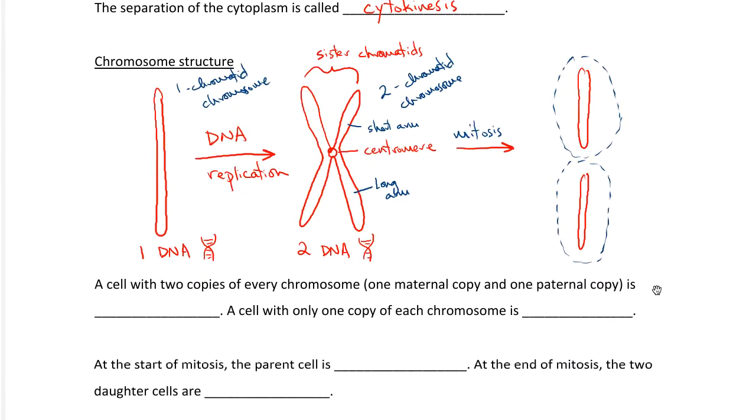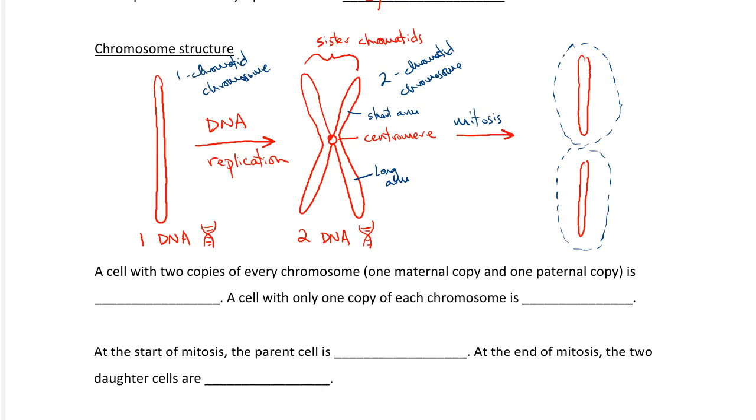Let's talk about one more important piece of terminology. So a cell with two copies of every chromosome, one maternal copy and one paternal copy, is called diploid, while a cell with only one copy of each chromosome is called haploid. So humans have 23 pairs of chromosomes, but they have 46 total chromosomes, because in each pair they have one maternal copy and one paternal copy.